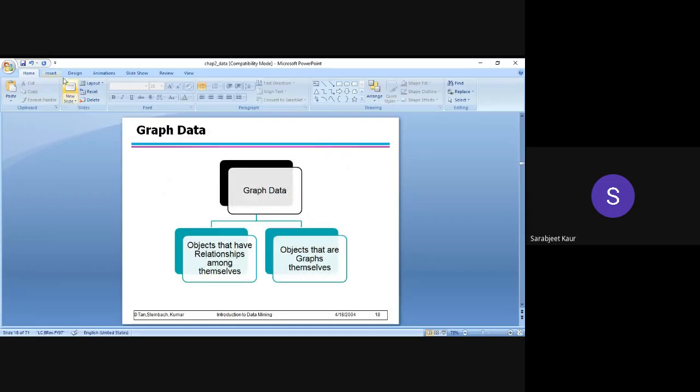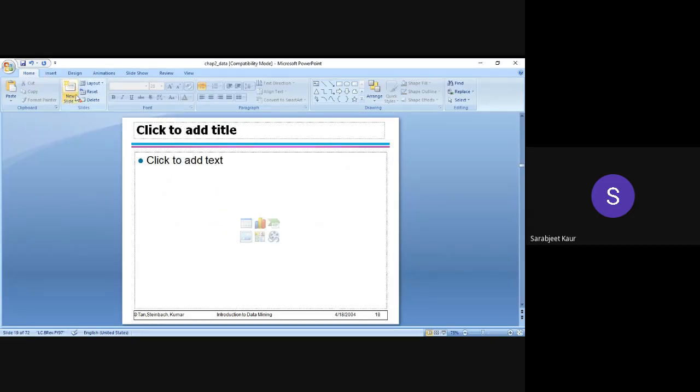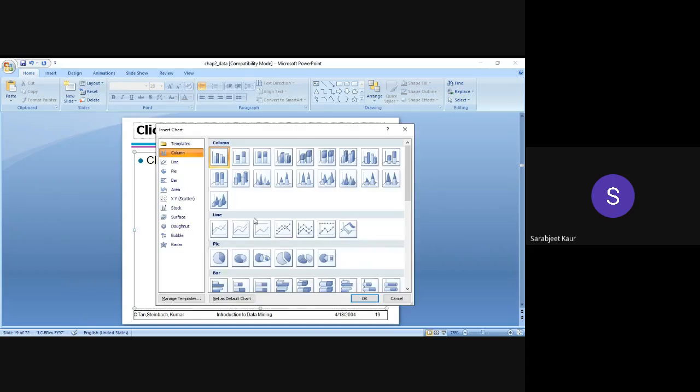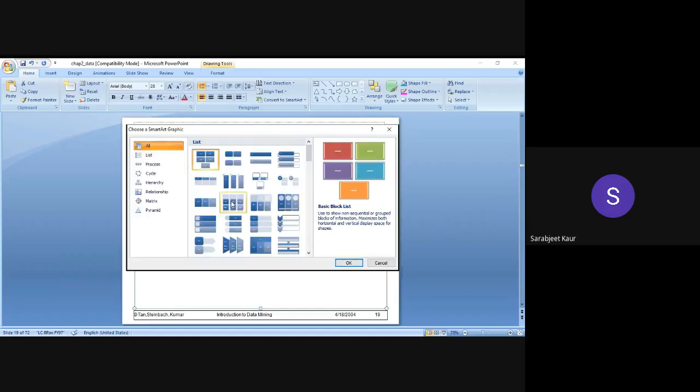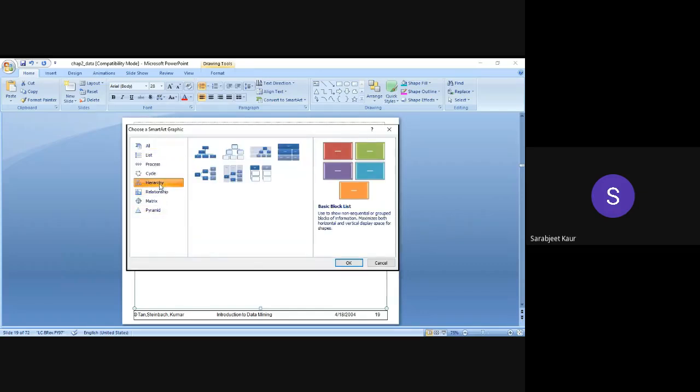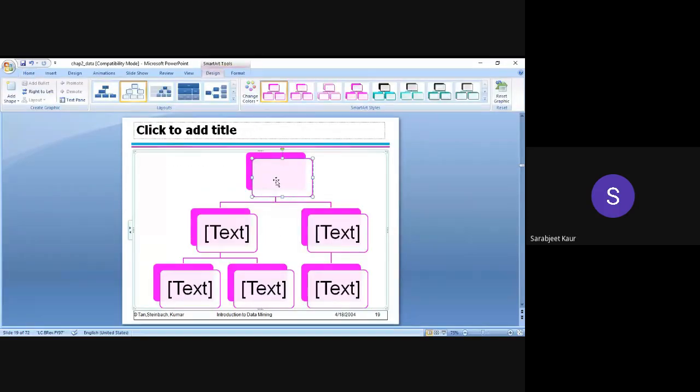Let me just show you. As we have just discussed, this is a categorization of the data that you have not yet seen, so I'm putting it here before you.